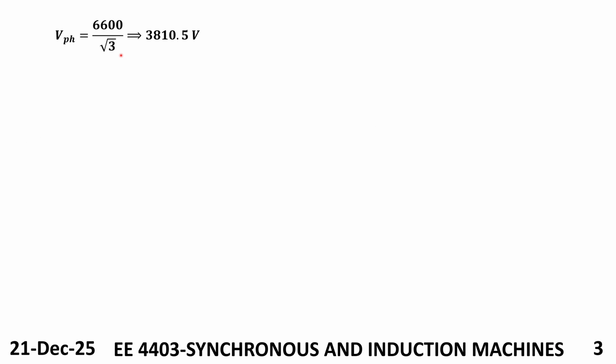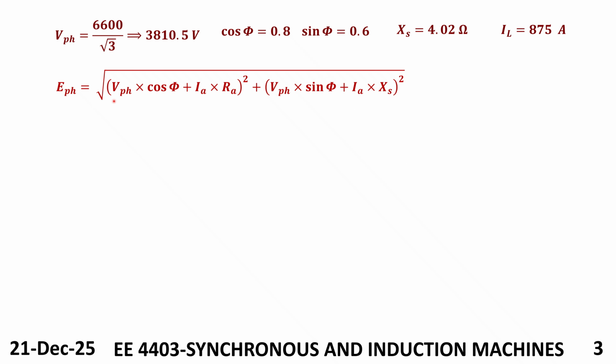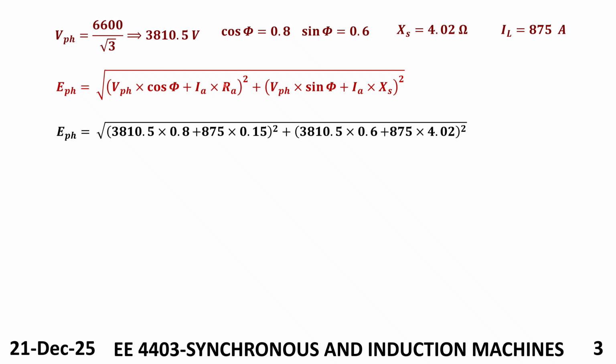Now we will substitute all the values. V phase is 3810.5 volt, then cos phi, sin phi, synchronous reactance and the IA value. V phase, 3810.5, into cos phi, which is 0.8, and IA, the short circuit ampere, is 875 ampere. Armature resistance per phase is 0.15, and V phase is once again 3810.5, and sin phi is 0.6.